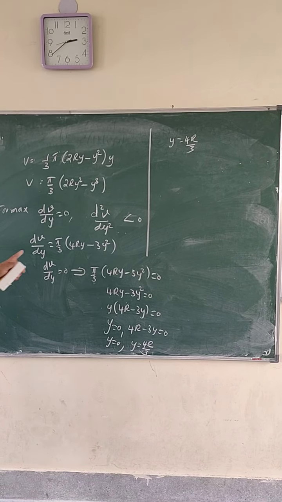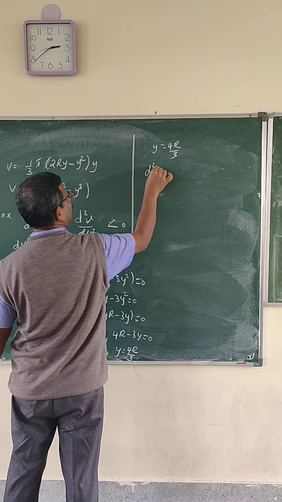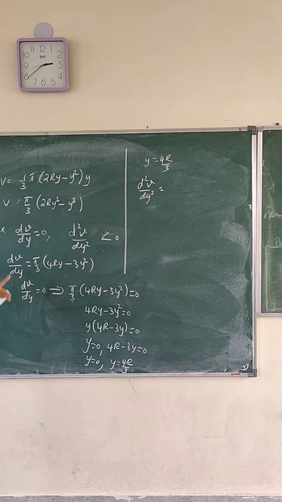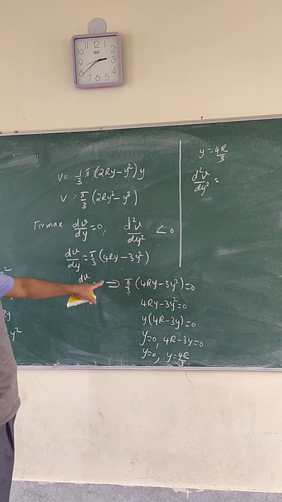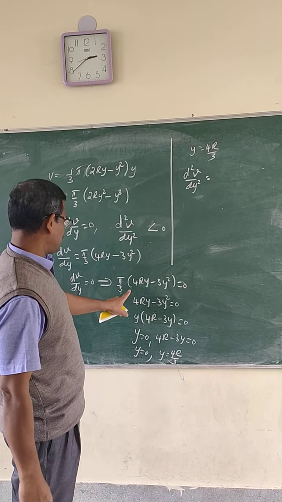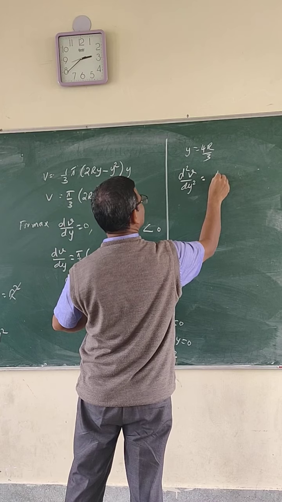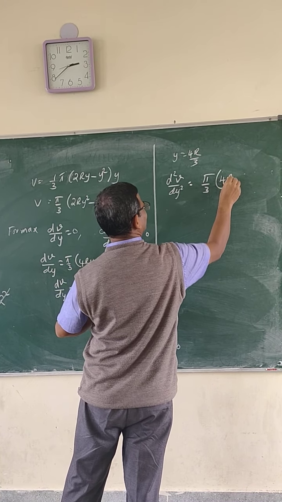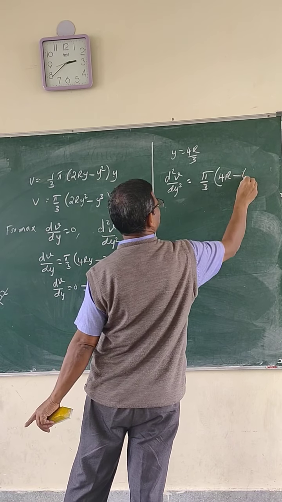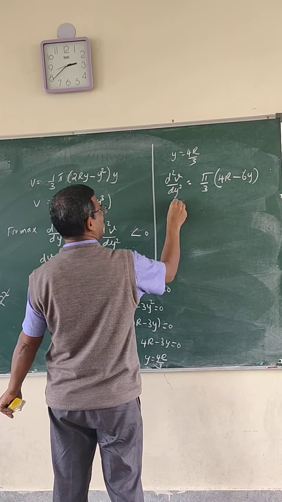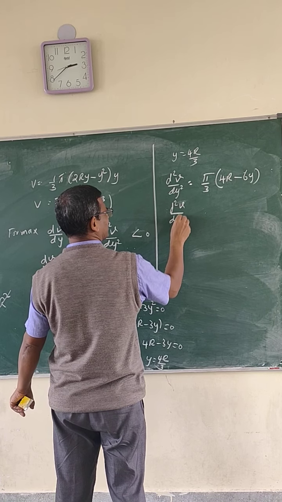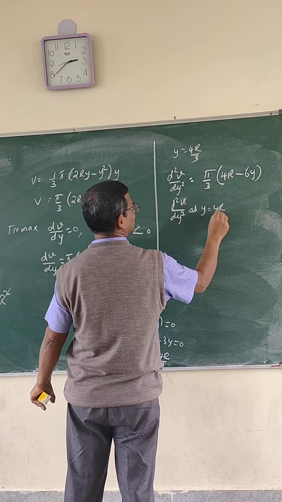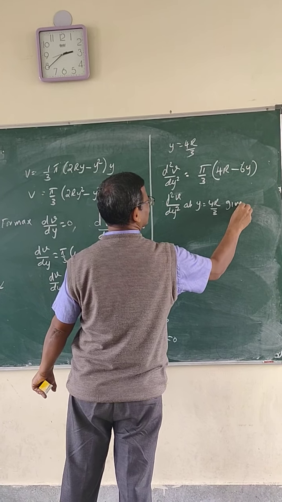For that, the second derivative is to be obtained. So d square V by dy square is equal to what it becomes. This is the first derivative now, pi by 3 into (4r minus 6y). And d square V by dy square at y is equal to 4r by 3 gives what?